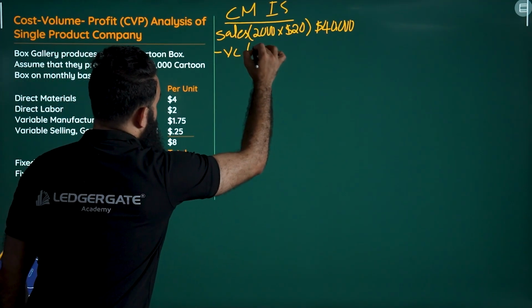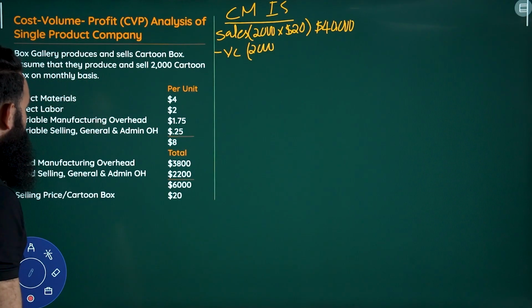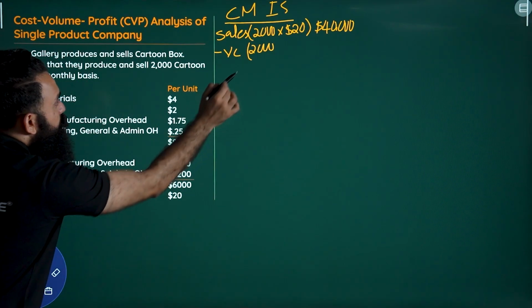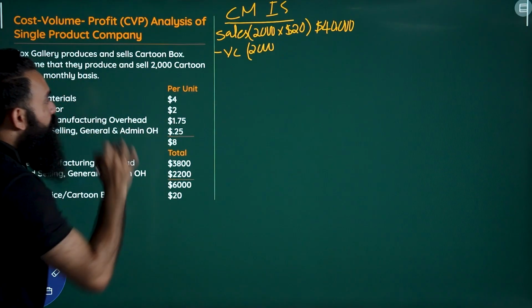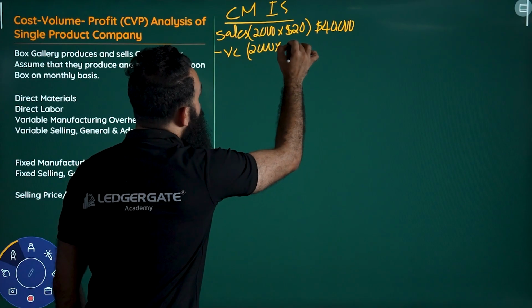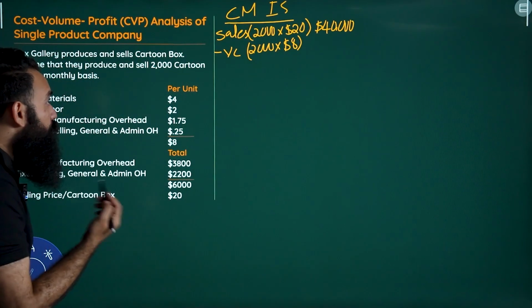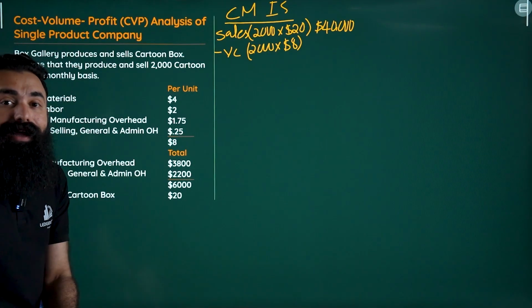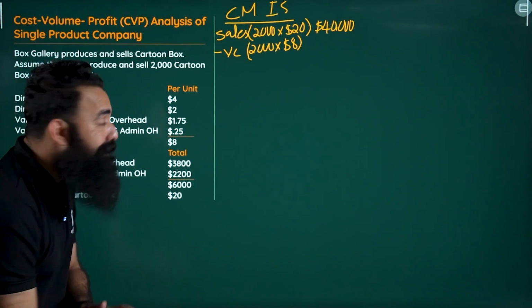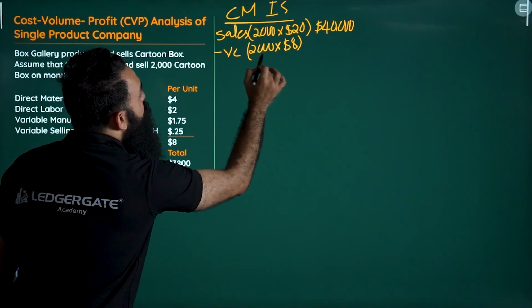For each unit, the variable cost is $8. For 2,000 units, how much would it be? 2,000 into $8. Actually, variable costs are costs incurred proportionately to the activity. Here our activity is sales, so we incur them based on our sales.